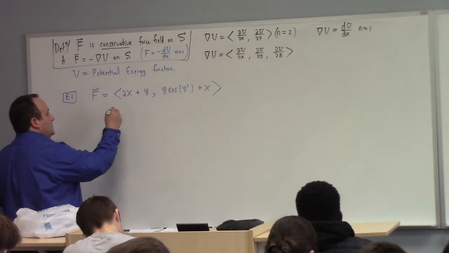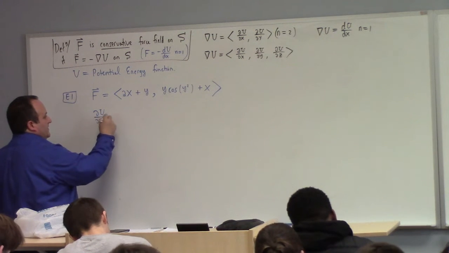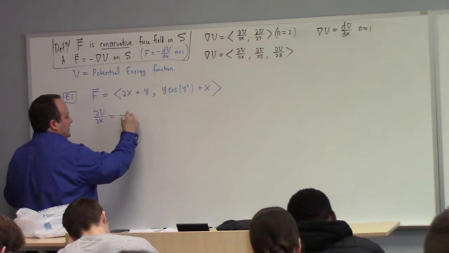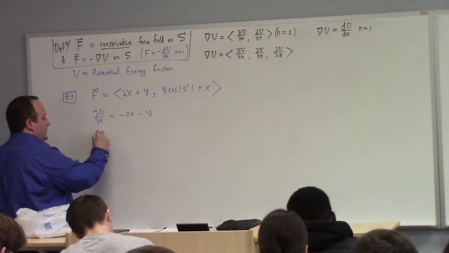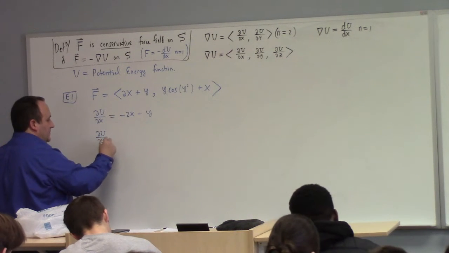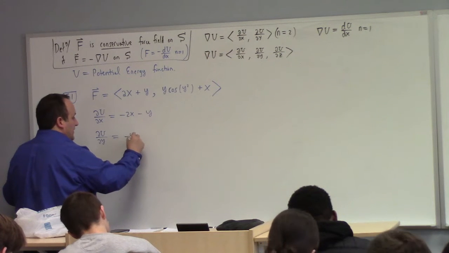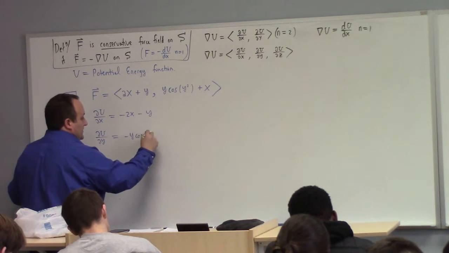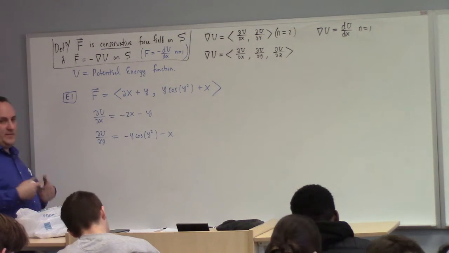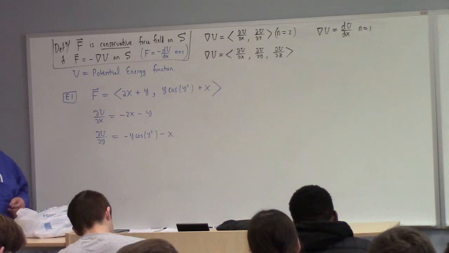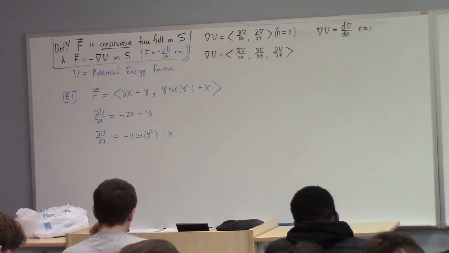We need to find if we can solve partial U partial x equals minus 2x minus y. And we also need to solve partial U partial y equals, let's see here, minus y cosine y squared minus x. The minus being there because, again, this will become clear as we go on today.